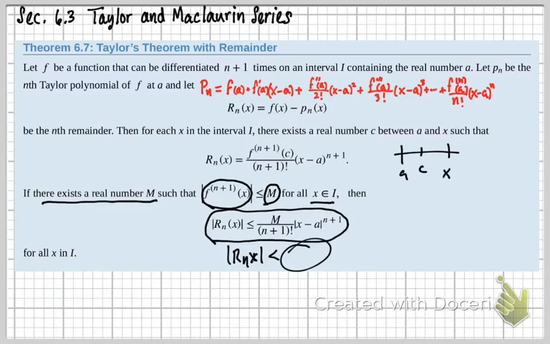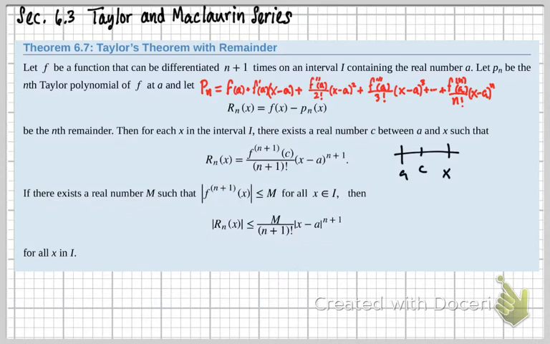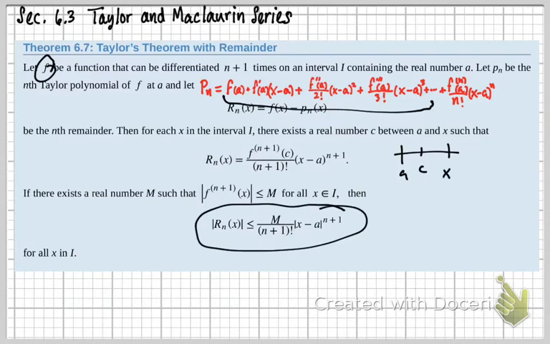What's cool about this theorem is that if I can bound this n plus 1 derivative, then if I want to approximate this function f and go out 3 terms, or 4 terms really, to the third derivative, I can say I'll be within a certain amount of error. And that's the power of this inequality down here.